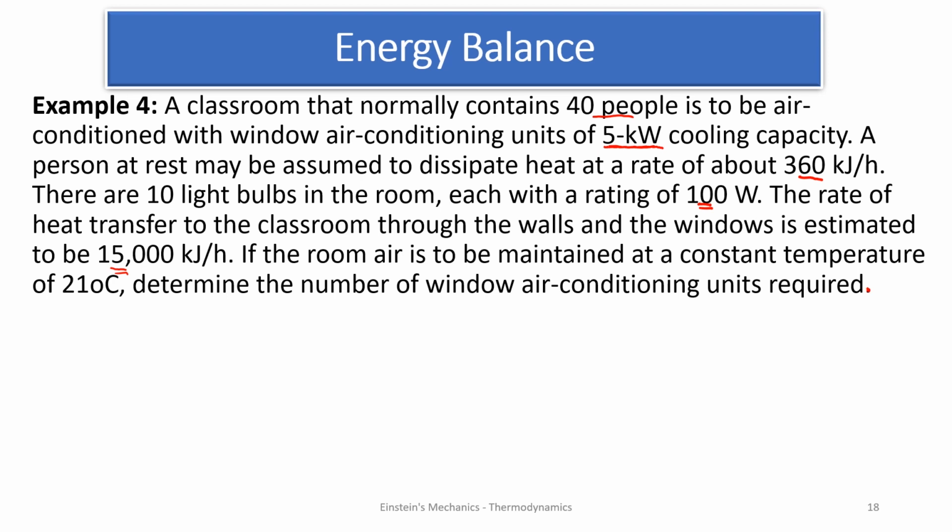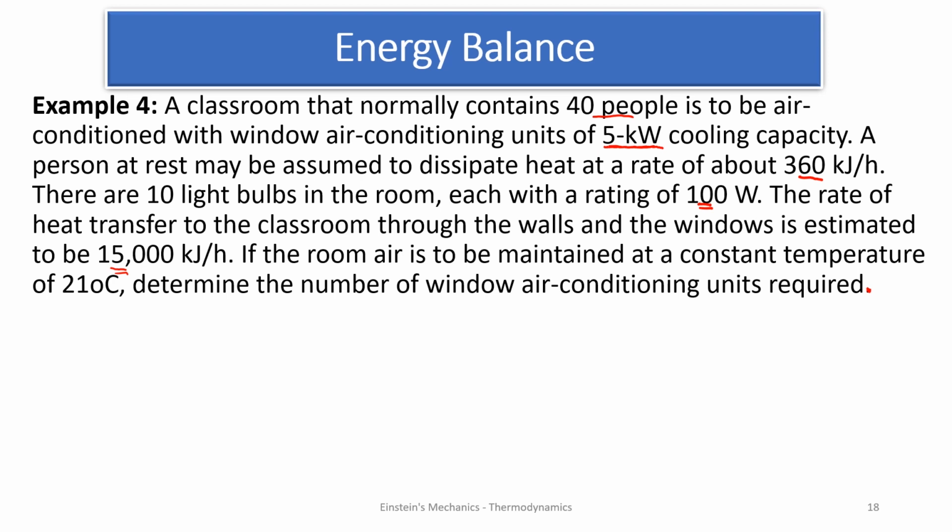So as an engineer, you are brought in to make an analysis for a room which is to be air conditioned. They will buy 5 kilowatt air conditioning units. So make your analysis and tell them the number of air conditioning units they will need for that single room.